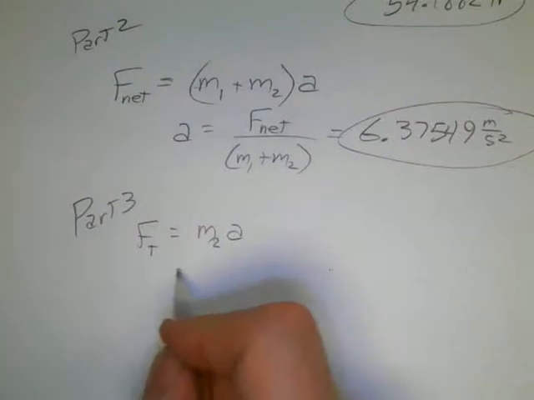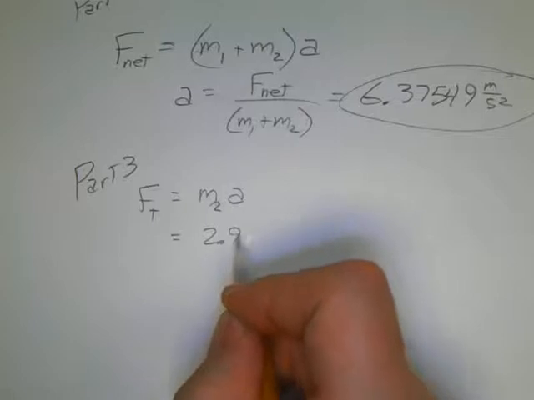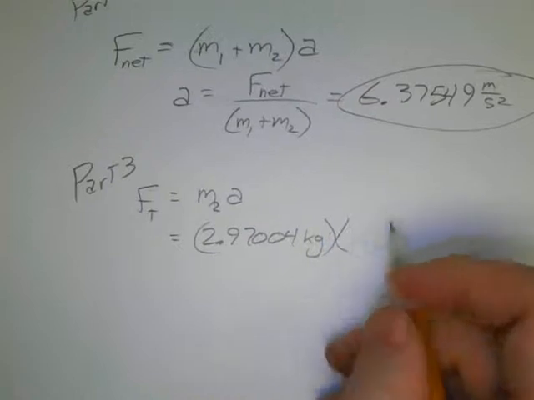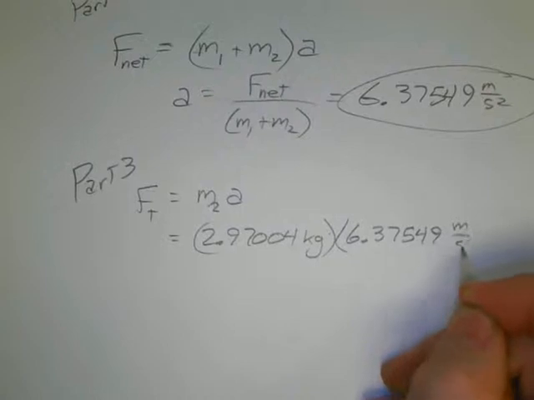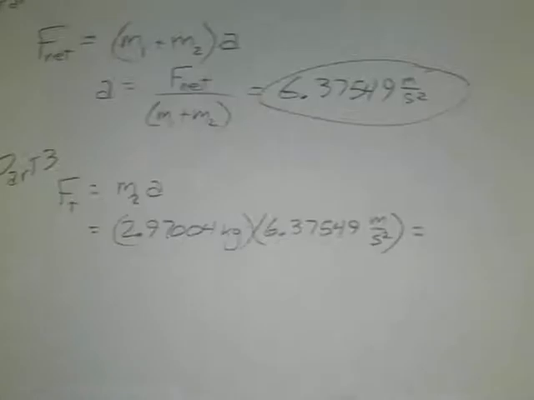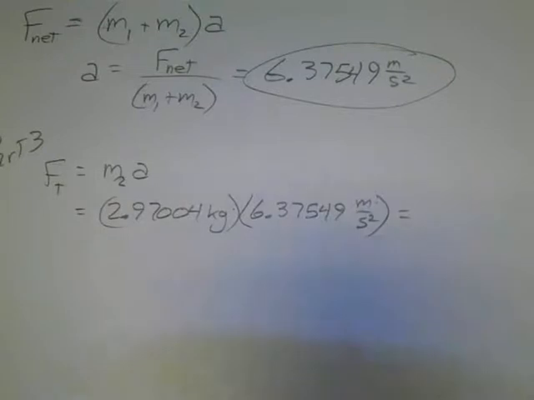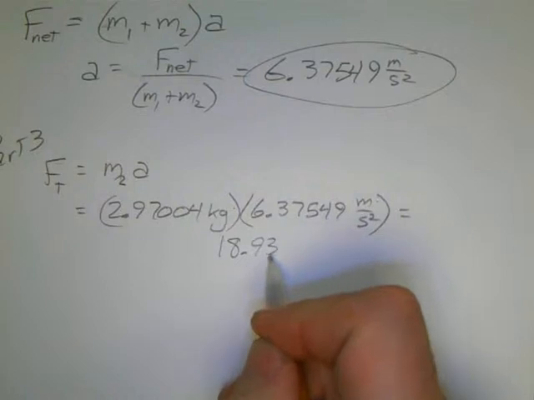So the second mass would be 2.97004 kilograms times its acceleration of 6.37549 meters per second squared. And we get 18.93 newtons.